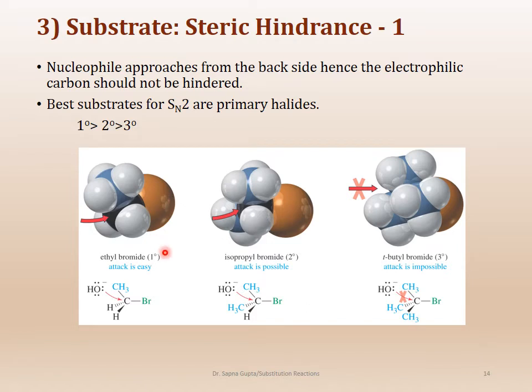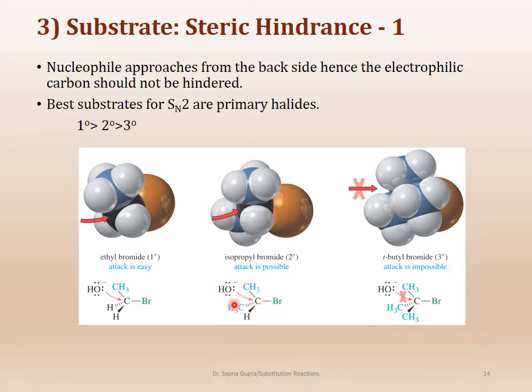So for example, look at the substrate here, which is ethyl bromide. In case of ethyl bromide, there is a CH3 group here and two hydrogens. Here is the hydroxide attacking the carbon. Not too bad. Here comes isopropyl bromide, which is a secondary bromide, and here is the carbon. Now you have two methyl groups and only one hydrogen.